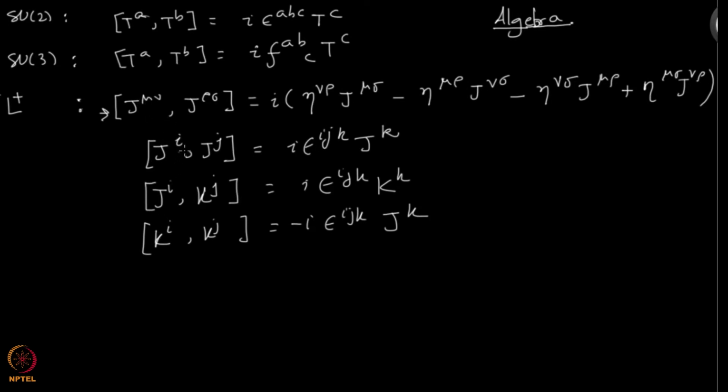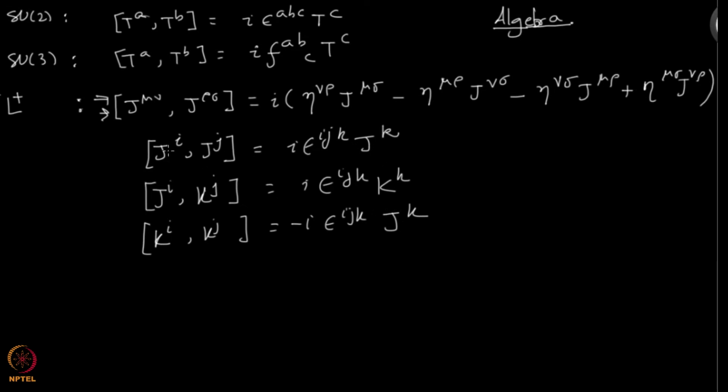So, we introduced J_i's and K_i's. K_i's were the generators of boosts, and J_i's were the generators of rotations. And both these objects are in J^mu nu. So, if you write down this commutation relation here in terms of boost and rotation generators, you obtain the following.